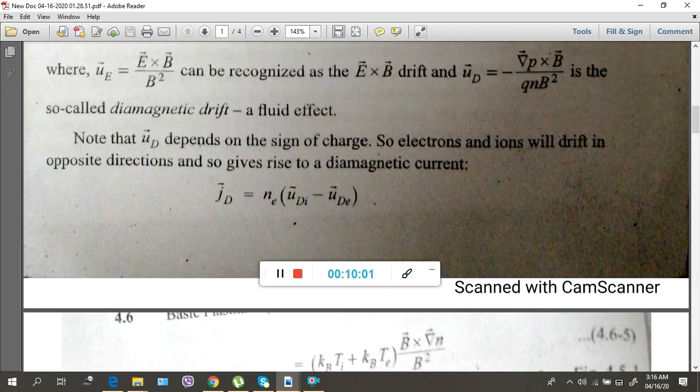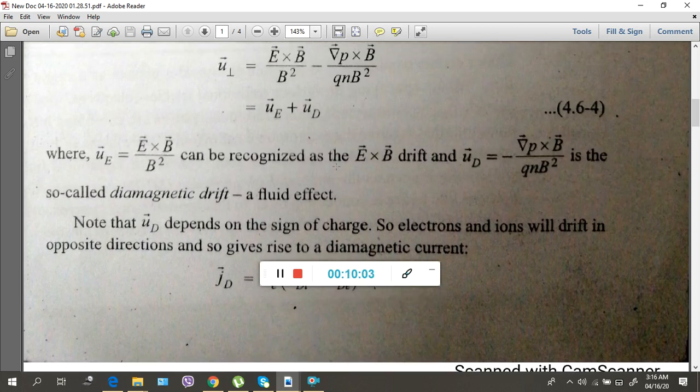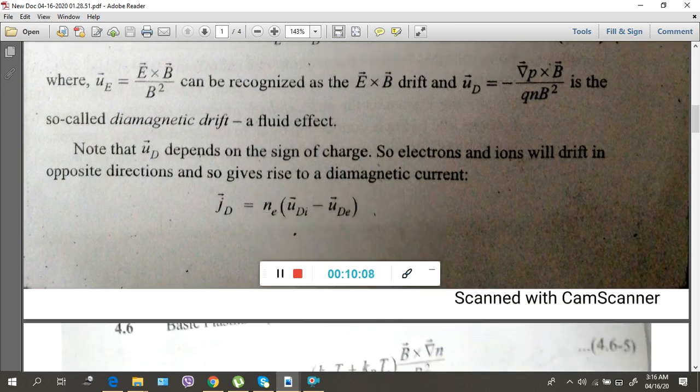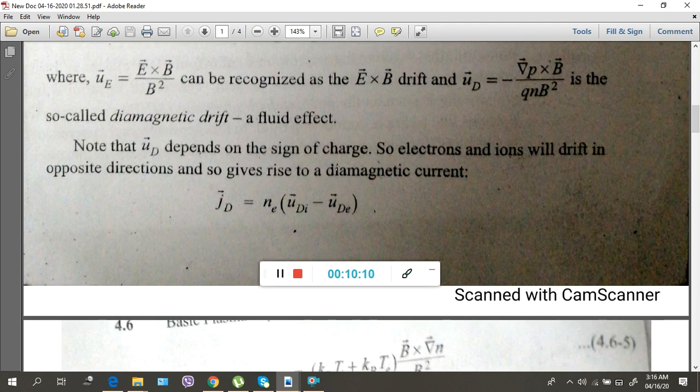JD is equal to Ne (UDI minus UDE). Now here UDI is equal to B cross delta P over QnB square.